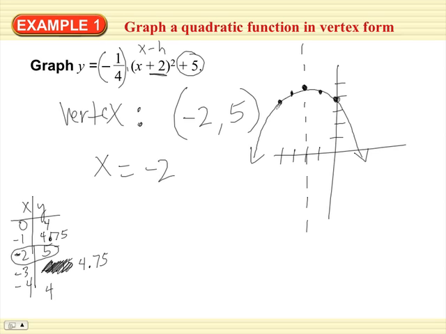Okay, Jordan, what do you think? It's wider. Wider? Okay, how do you know? Based on the A value. Okay, the A value tells you it's wider. And one more, Christian. So you already agree on the vertex.